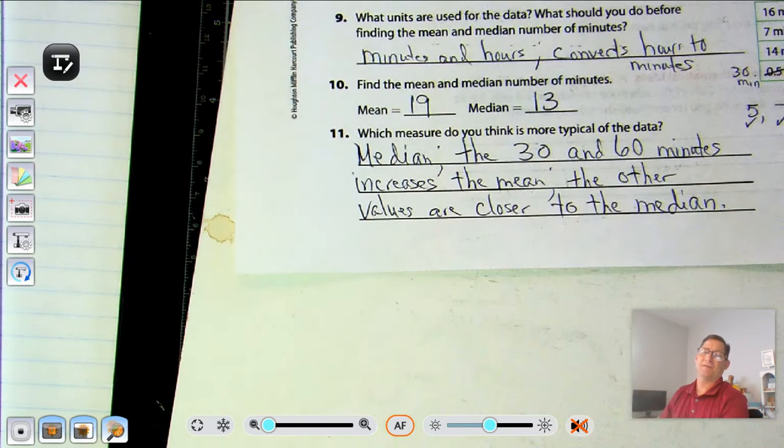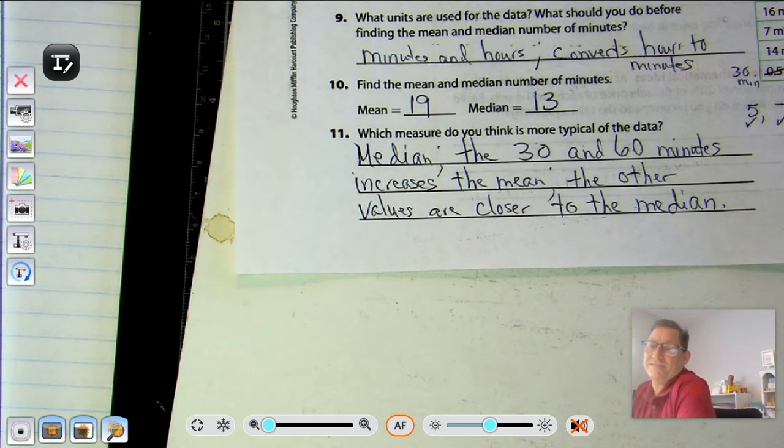Okay, so the 30 and the 60 minutes increase the mean, and the other values are closer to the median.